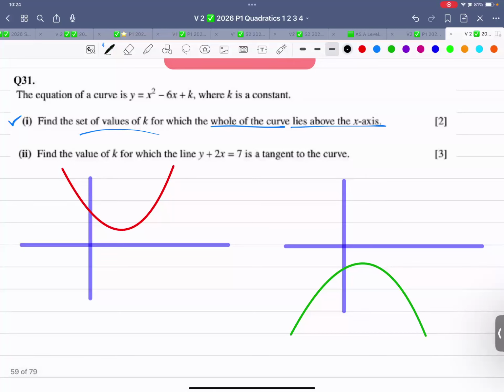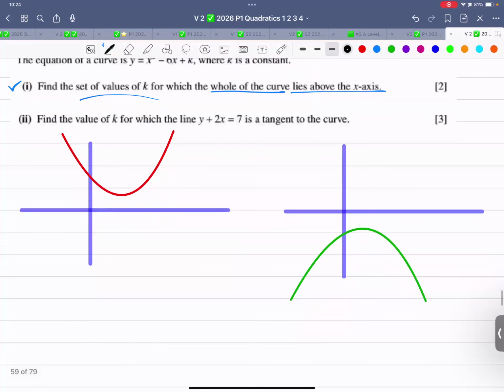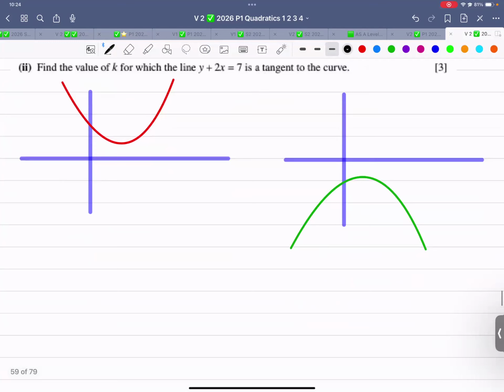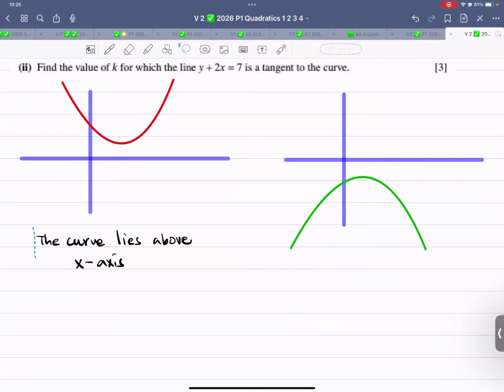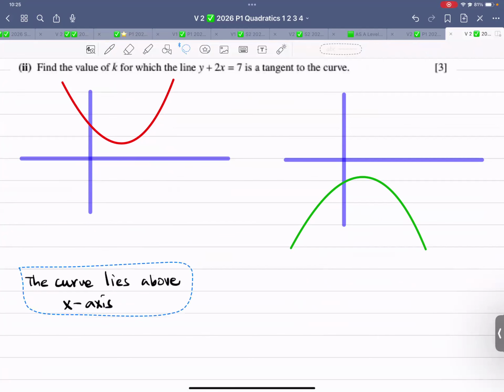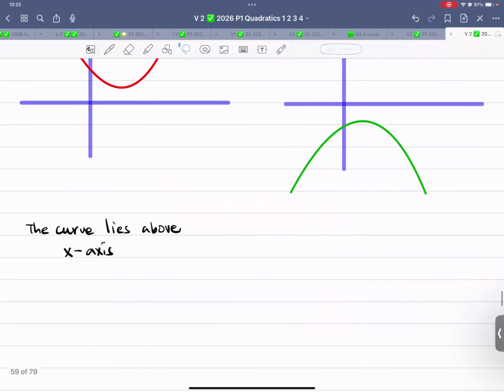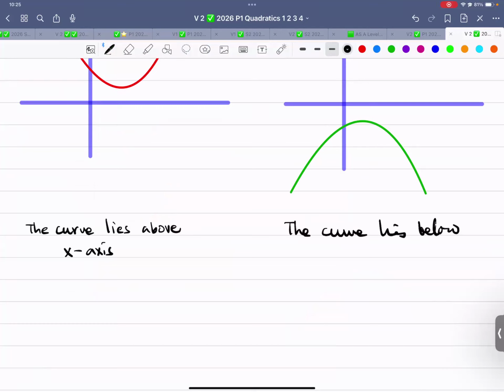Now, in the left-hand scenario, the curve lies above the x-axis. On the right-hand side, the curve lies below the x-axis.